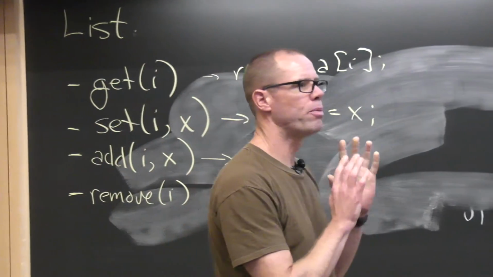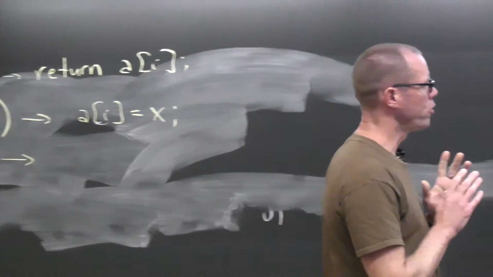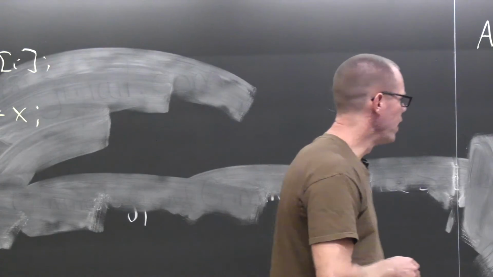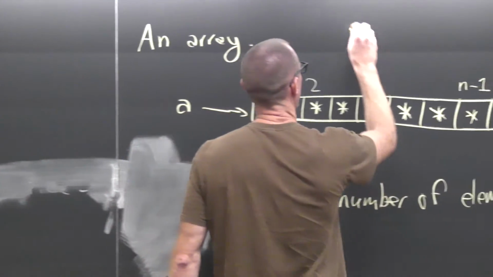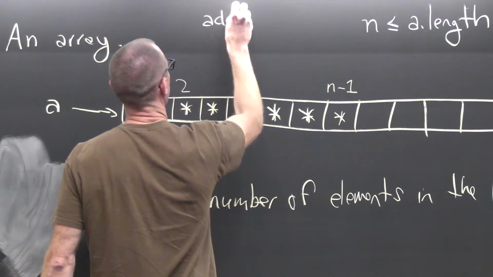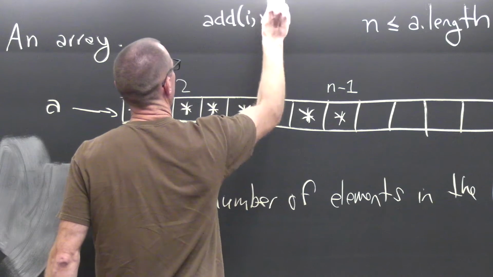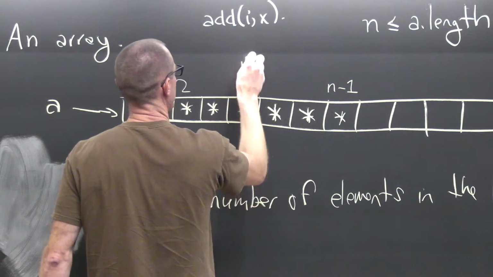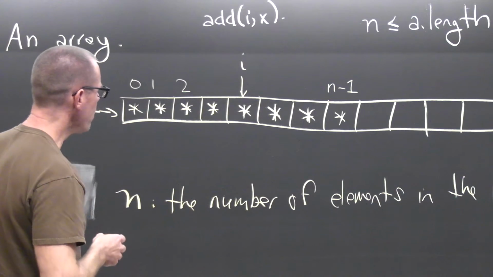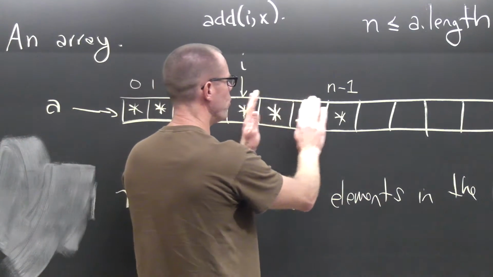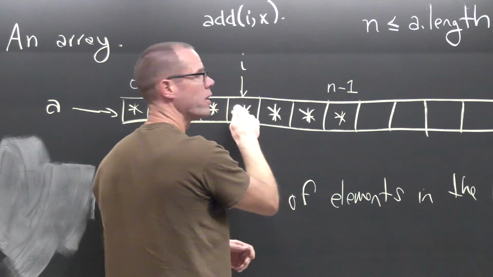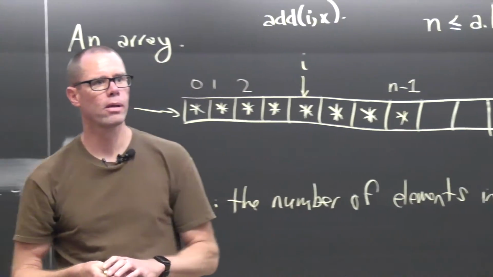But everything after position I and position I should be shifted. So it looks something like this. If I say add I x, and this is I, then all of these things are supposed to move over by 1, and this new thing is supposed to go here. Okay.